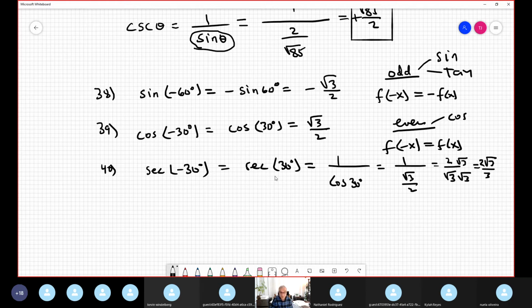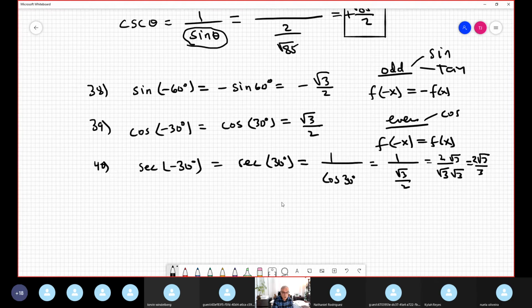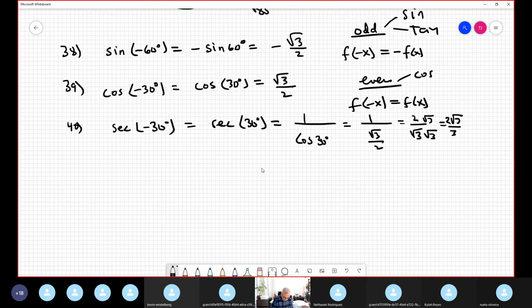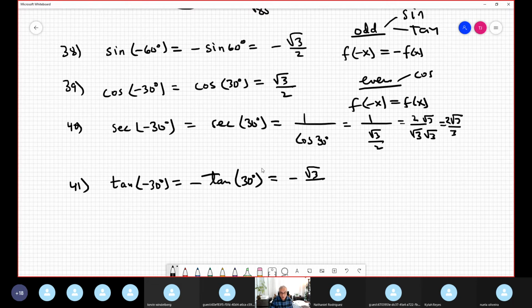And of course positive, no? Because I delete the signs automatically. 41. Tangent of negative 30 degrees. Oh, tangent is an odd function. So minus. The student can memorize tangent 30 degrees, which is radical 3 over 3, so put negative radical 3 over 3, sorry. Okay.